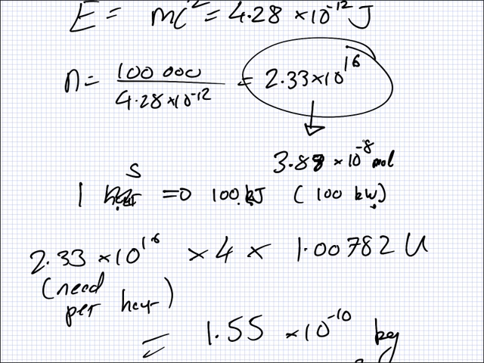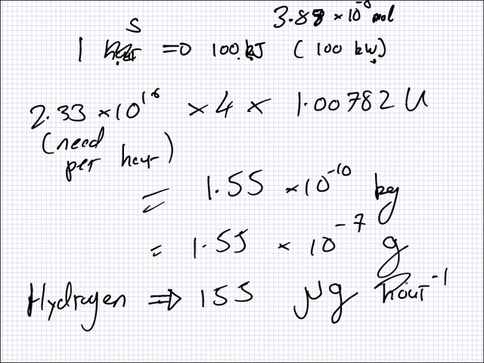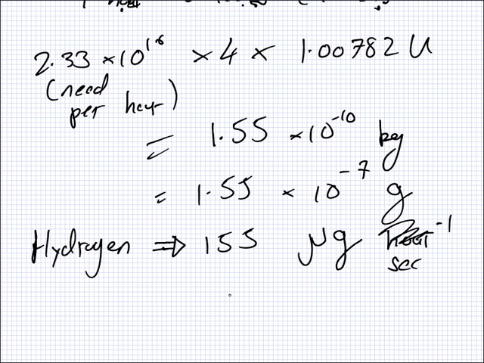So this answer I got here is per second. If I wanted per hour, I just multiply by 3600. That will give me 55800 micrograms per hour.